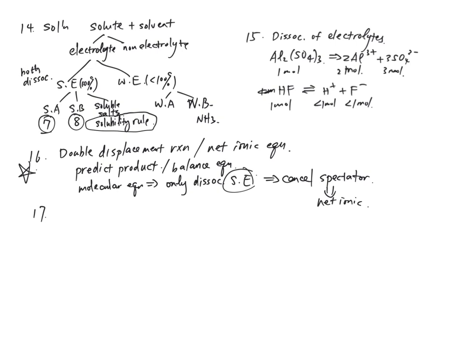Okay, and then we'll talk about the math part of solution chemistry. Now, concentration, of course, in molarity. Not only about a compound, it could also be about your ions.